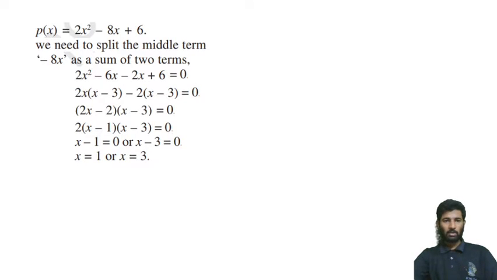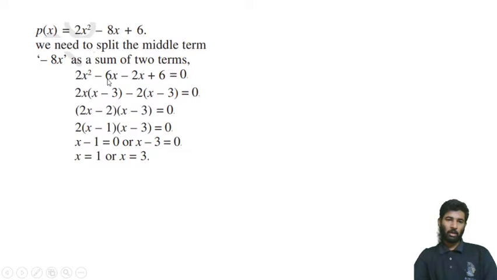We split the middle term minus 8x in such a way that the product of the split values equals the product of a and c, the coefficient of x square and the constant term. So minus 8x is split into minus 6x minus 2x.